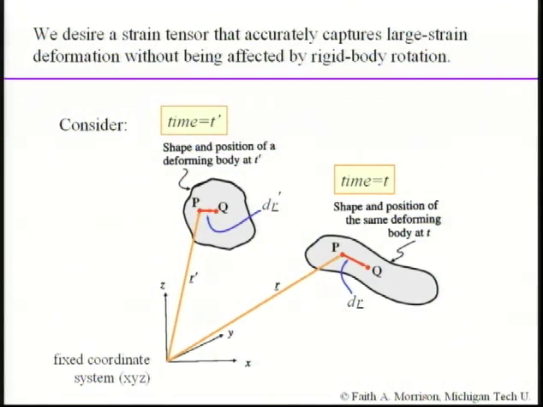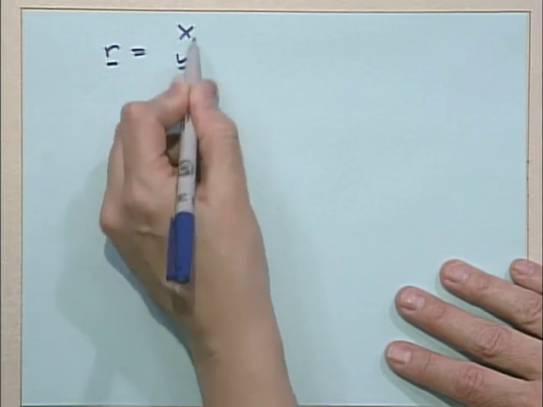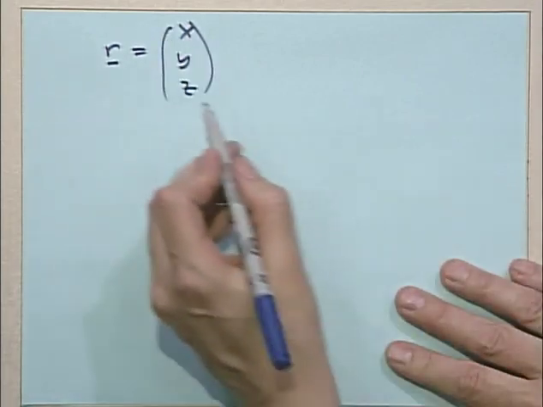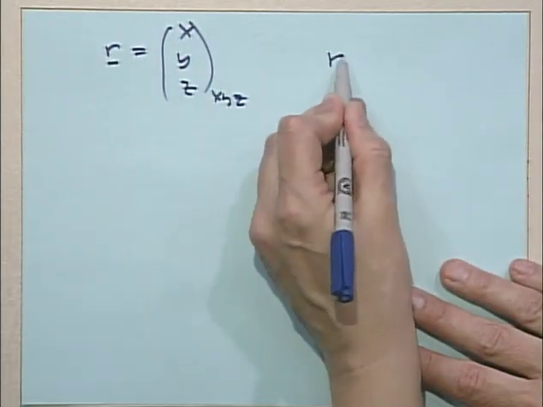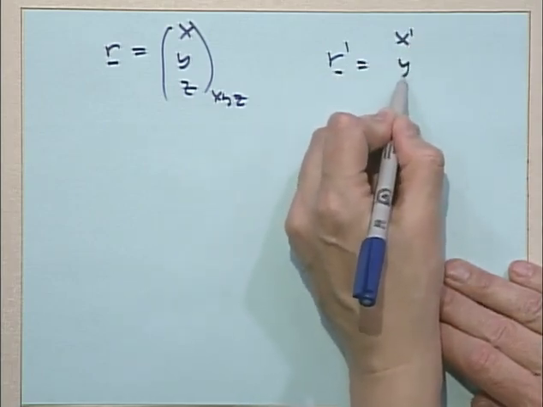All right. So here we go. Let's write these out. We have two locations. We have location R, which is just a position vector at time t. And we have a position vector at time t prime that has coefficients as well.